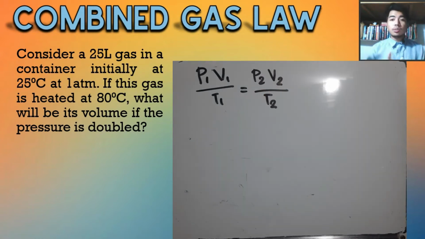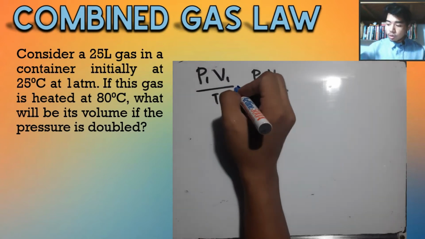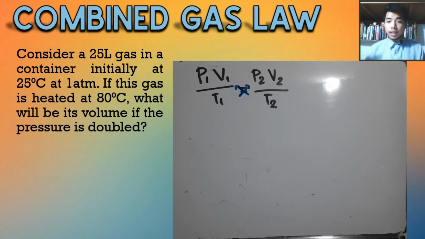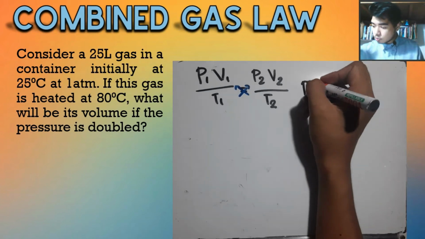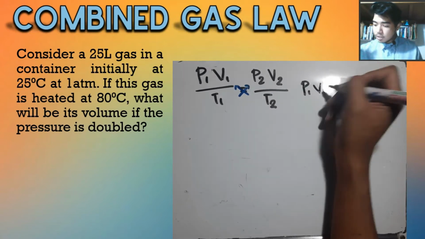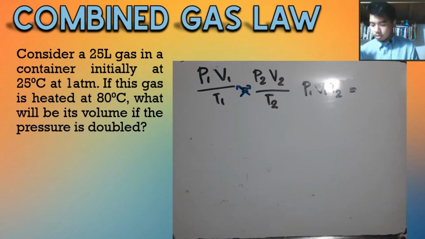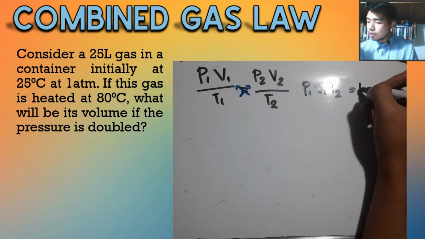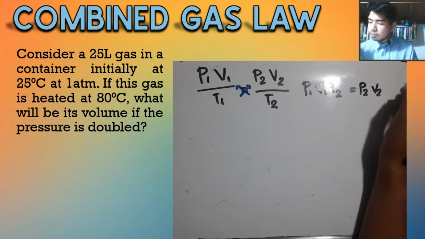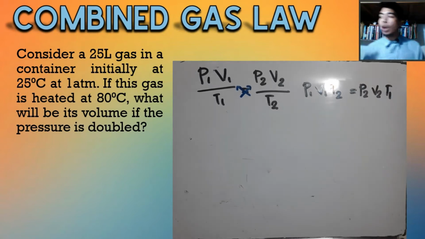The first thing you will do to get the different variables as quickly as possible is to cross multiply, which gives you this alternative formula: P sub 1 times V sub 1 times T sub 2 is equivalent to P sub 2 times V sub 2 times T sub 1. This is the alternative formula we are going to use to manipulate these different variables.